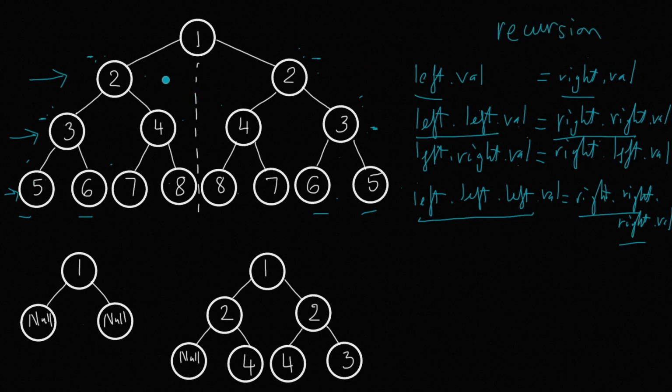And because we're comparing each pair of nodes at their mirror image position simultaneously whenever we move down each level, that is depth first search. So this problem can be solved using depth first search and recursion.